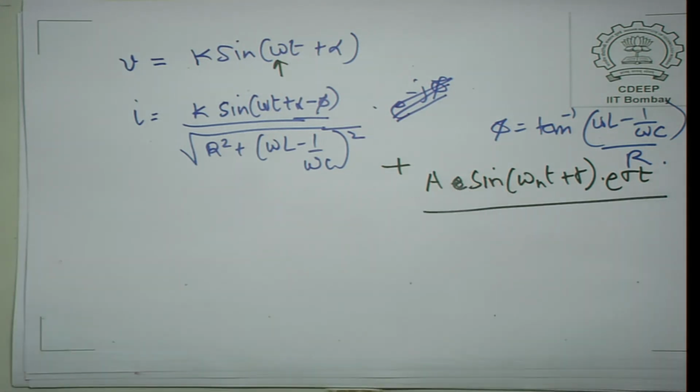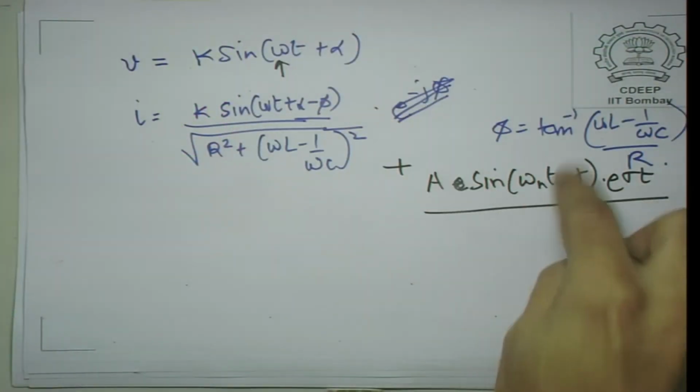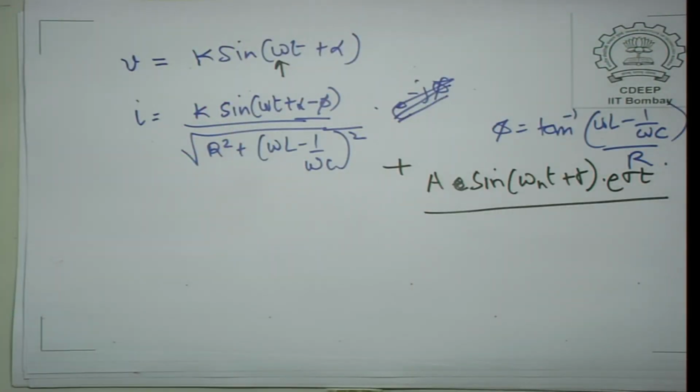For the natural response there are complicated formulae which will give you the values of A and gamma here, but the important thing to note is that the natural response is such that it also satisfies the condition that if you plug in t is equal to 0 here, you will find that the initial condition I0 is satisfied.